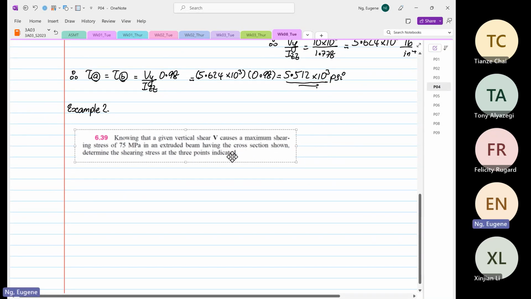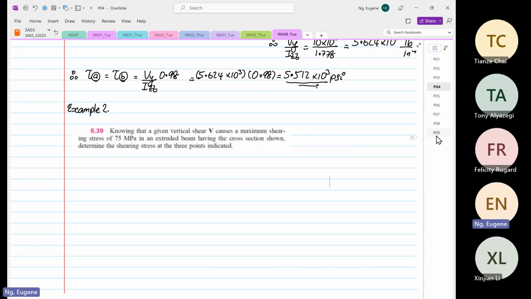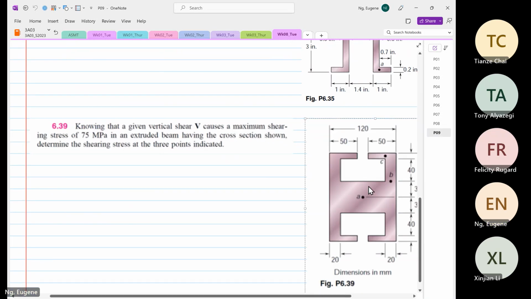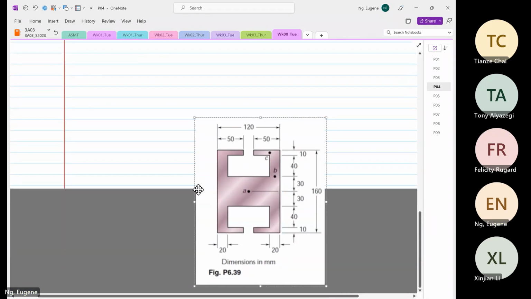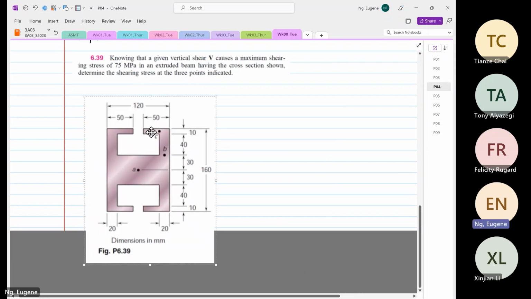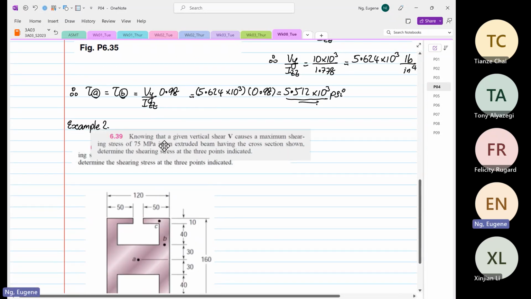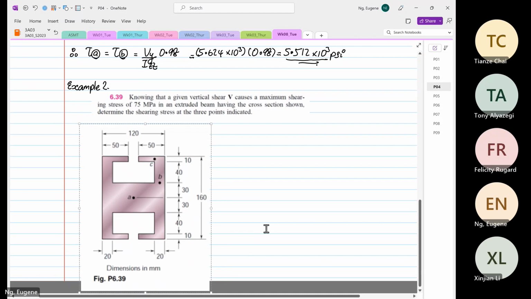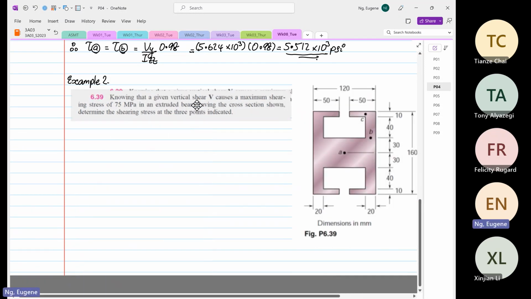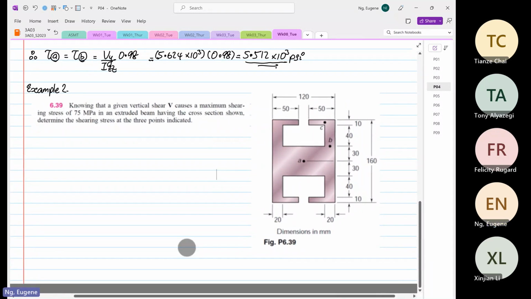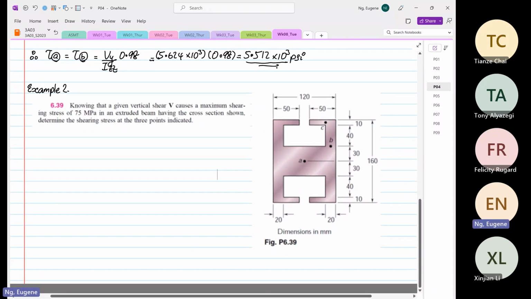This is the question. Okay, and I'll show you the structure. So this is the structure that is given. Knowing that it's very similar to what is before, but the structure is different, and I'll tell you why.